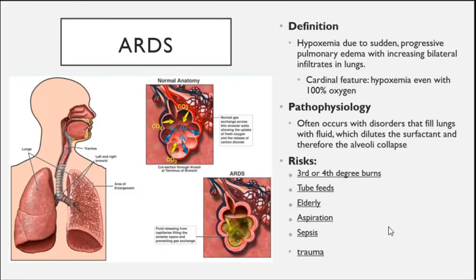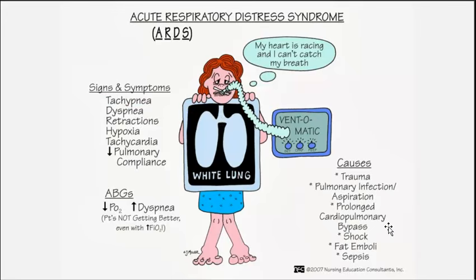And then it is highly important for you to remember ARDS equals hypoxemia even when we give them 100% oxygen. So our signs and symptoms will have rapid breathing to shortness of breath. You'll see retractions. They're going to start to turn blue. Heart rate is pounding. ABGs, oxygen is dropping. Shortness of breath is increasing.